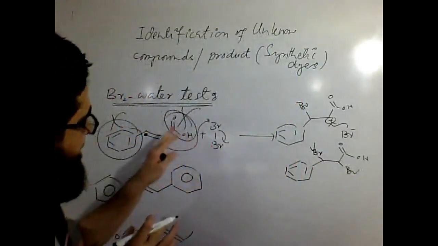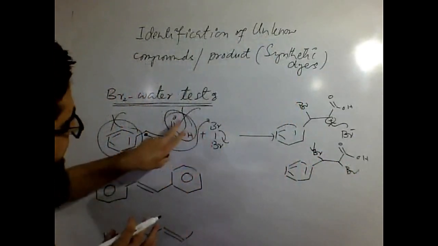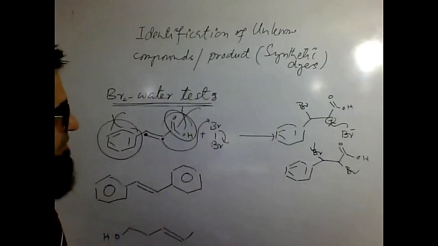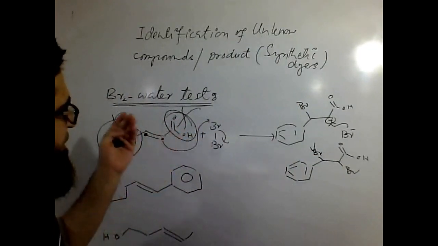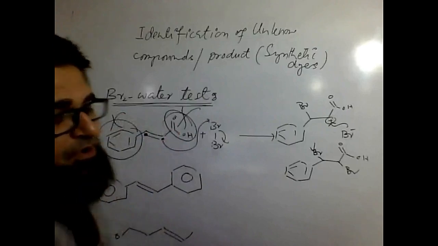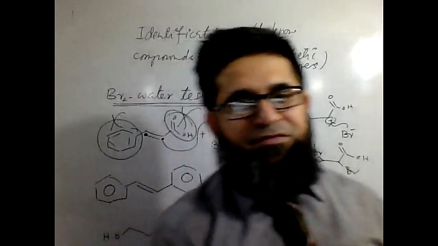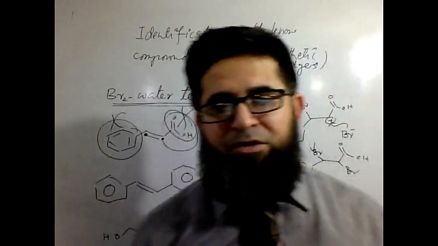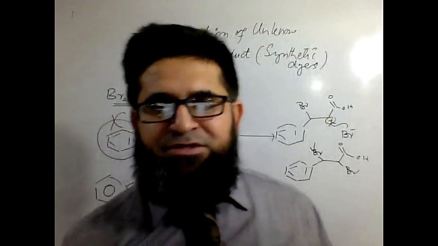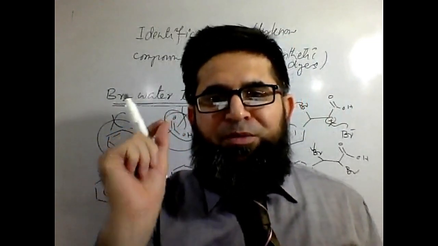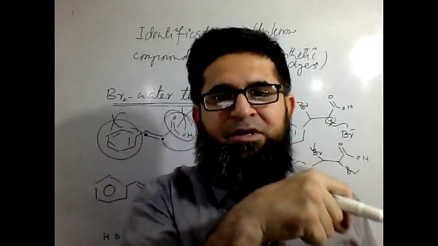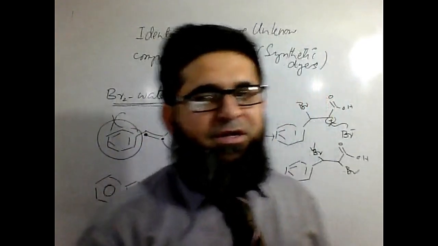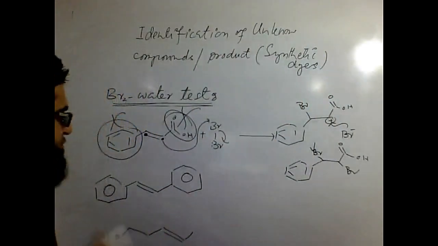It will not react with any other functionality. Benzene, carbonyl functionality, carboxylic acid functionality, phenolics, alcohols, whatever the functional groups present in the molecule, they are not going to influence the reaction of bromine water with the alkene functionality. This is the reaction of alkenes and alkynes only.